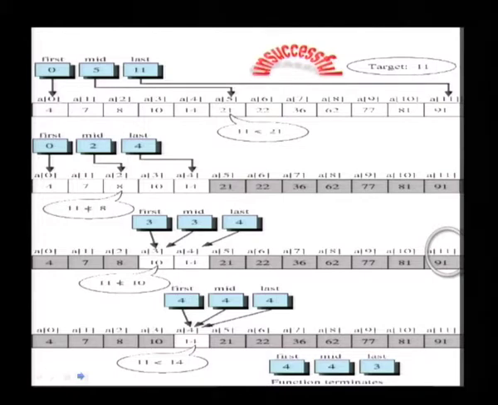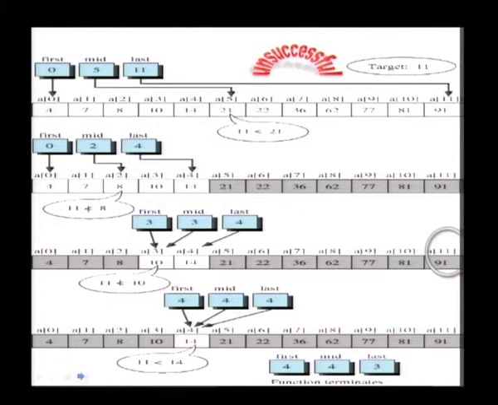if 11 is to be found, it can be found only to the left of the index 5, that is among the array indices 0 to 4, which is now captured by the modified value of last, which has now become 4. Mid is now recalculated in the next iteration to be 2. A comparison is made with the value which is sitting in the array index 2, which is 8. 8 indeed is not larger than 11, therefore 11 has to be to the right of 8 if it is at all present in the array.